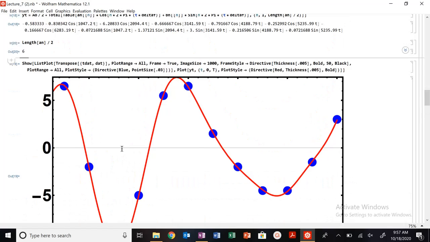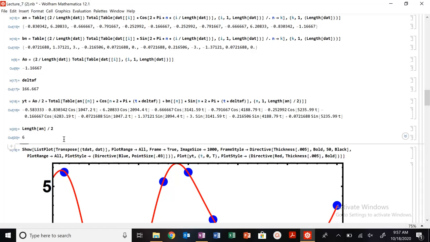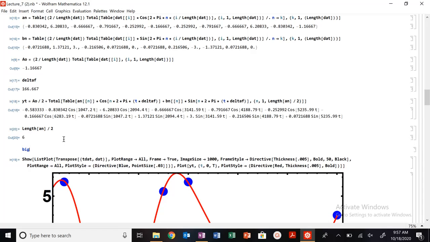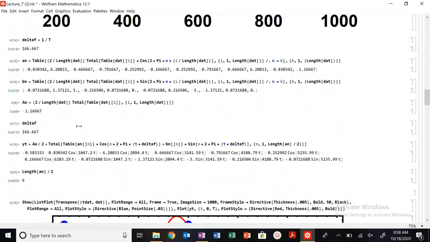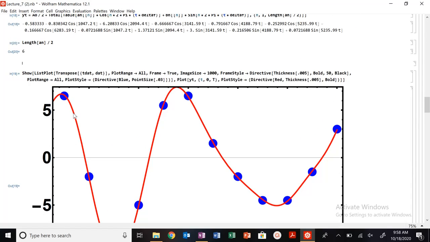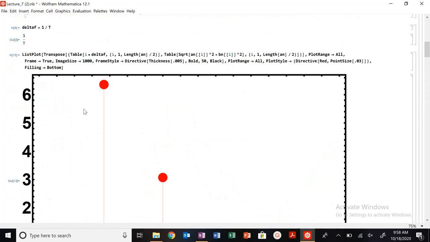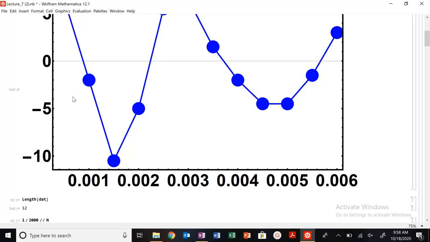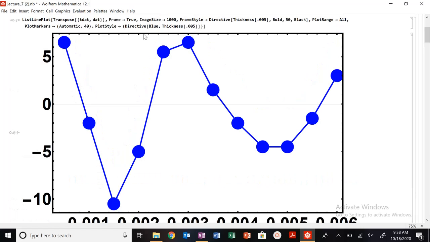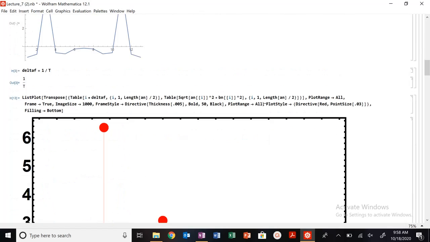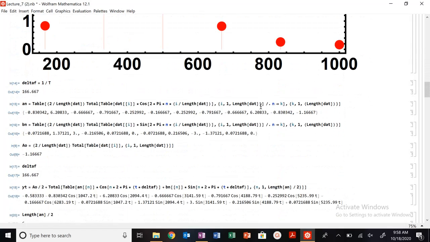So we need a bigger big N. The big N that we saw last time, we don't have it defined in this notebook, but it's basically the length of our data. So let me go to the length of our dat. That needs to be increased. If I have more data points, I can increase my number of harmonics. I'm always limited, 1, 2, 3, 4, 5, 6, 7, 8, 9, 10, 11, 12, by my number of data points if I want to increase my number of harmonics.